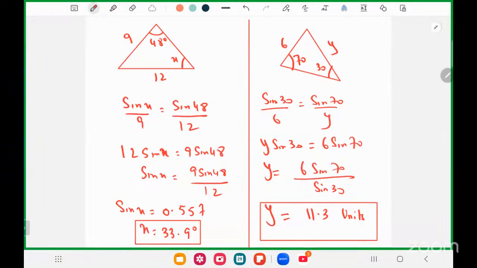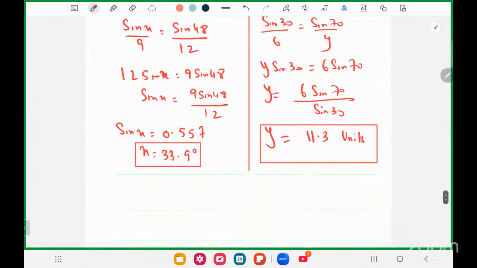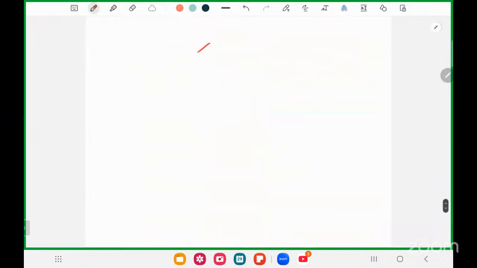One last question and we will wind it up. Let's say this is 18, this is 14, this is 50 degrees. And I need to find the area.